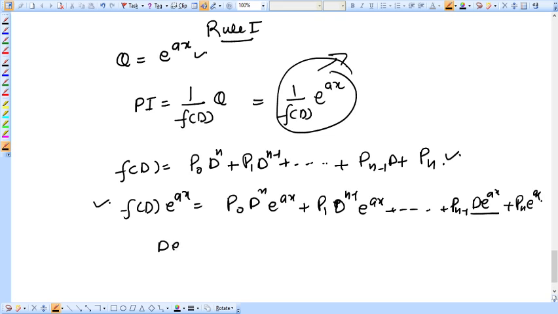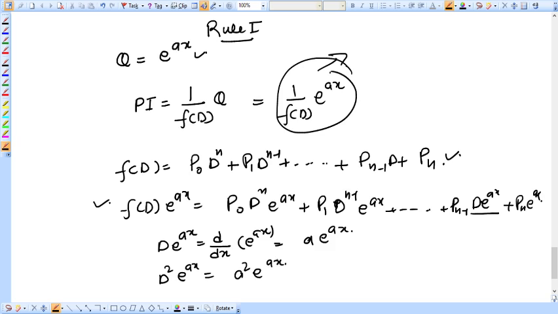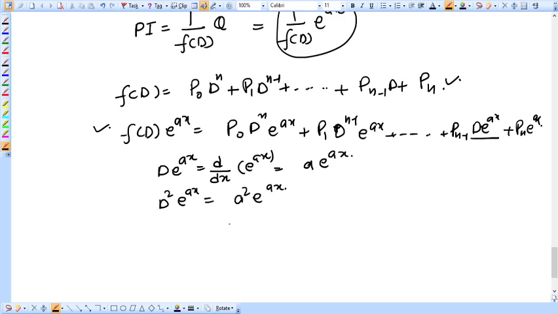We know D e^ax means nothing but differentiation of e^ax, which is equal to a times e^ax. Similarly, D square e^ax would be equal to a square e^ax, and so on.